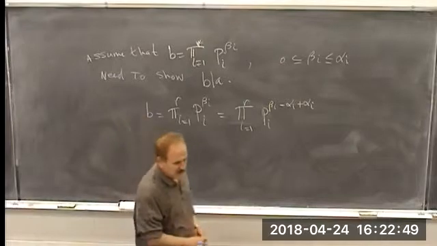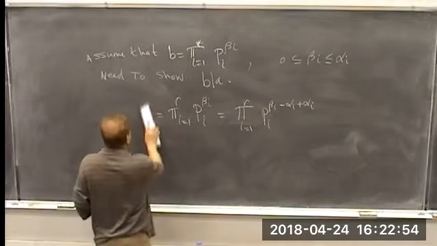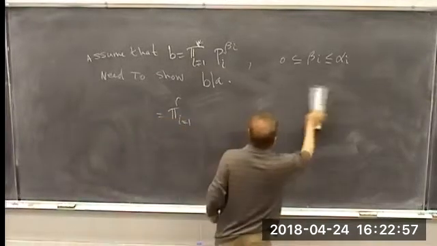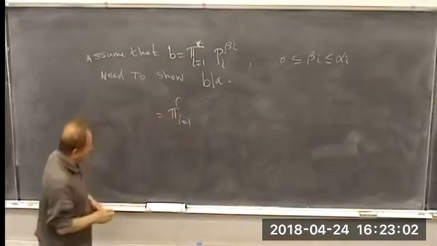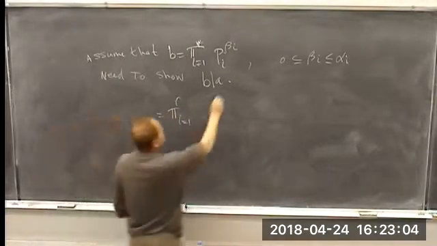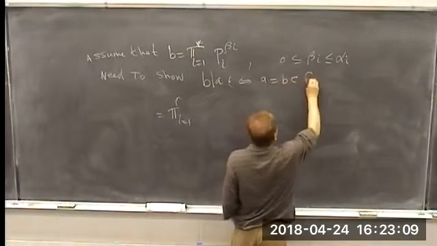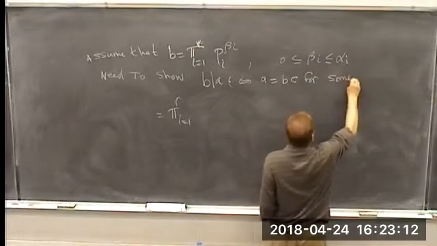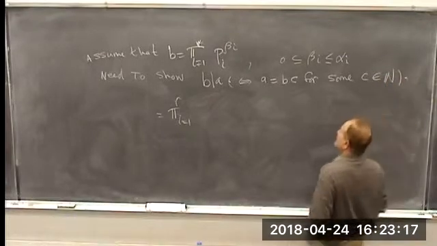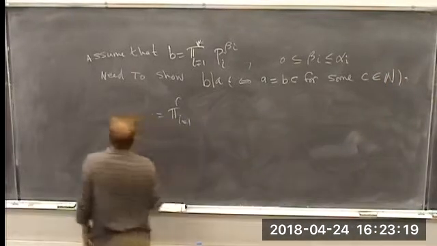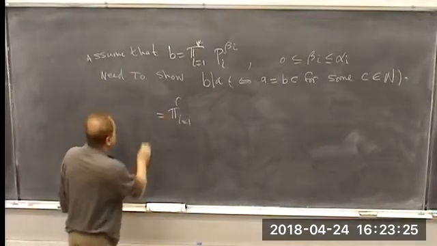Actually, let me start with A, I'm sorry. I want to do the A. So I want to write A as a product to show it is there. So this is equivalent to showing that A is equal to B times C for some C a natural number. So I take everything as natural numbers. Those statements are true, right? So let me start with A.